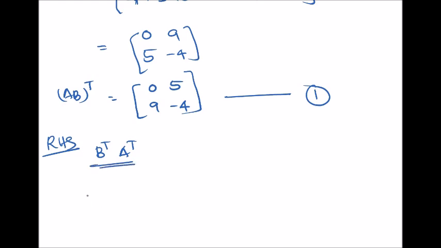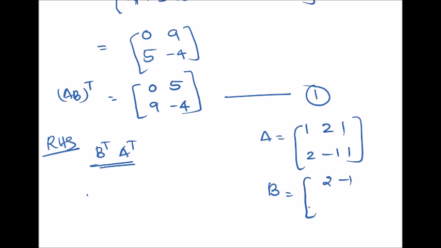First, we have A is equal to [1 2 1; 2 -1 1] and B is equal to [2 -1; -1 4; 0 2].